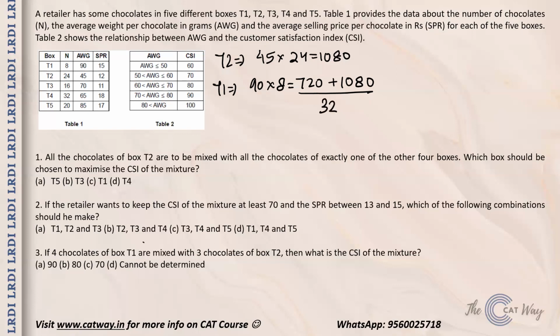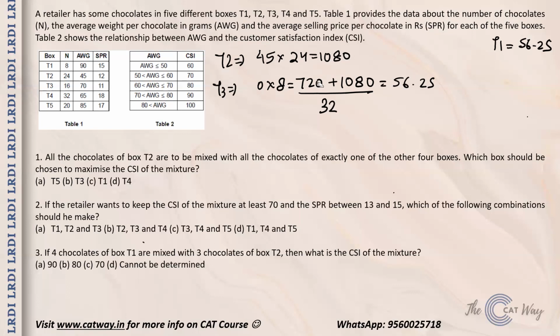So the AWG turns out to be equal to 56.25. So when we are mixing it with T1, the AWG is 56.25.